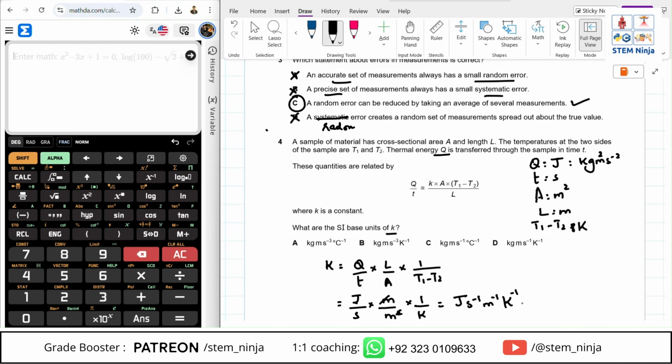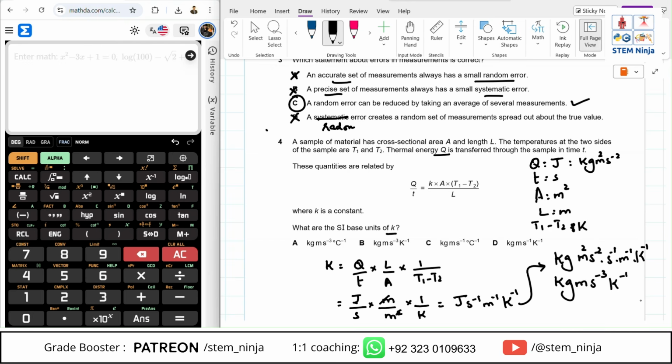So furthermore, this can be represented as kg meters squared per second squared, times second minus 1, meter minus 1, kelvin minus 1. So this simplifies to kg, meter: 2 minus 1 is just 1, seconds: minus 2 minus 1 is minus 3, and kelvin minus 1.